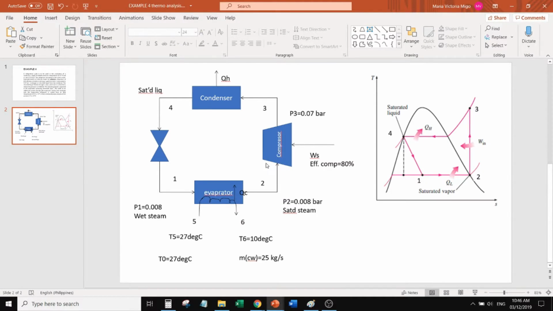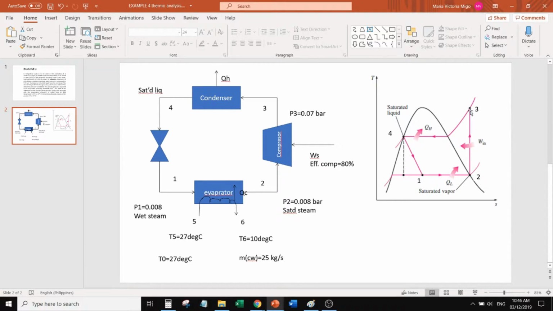And since it's a work requiring device, there is a work shaft input. As it exits the compressor, it leaves at this pressure, 0.07 bar. And then it enters the condenser, and after it exits the condenser, it exits as saturated liquid.